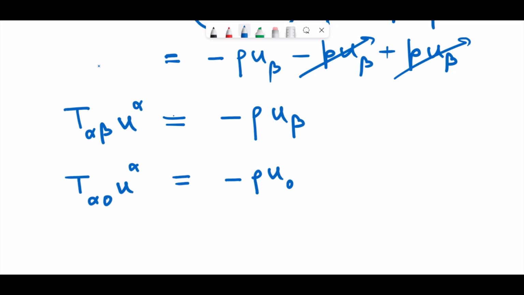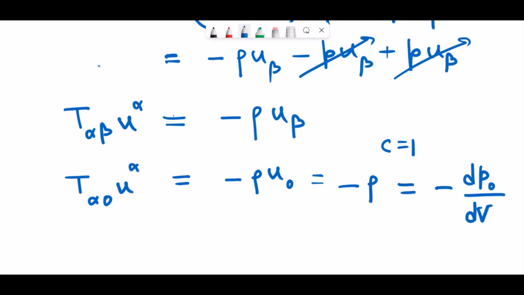And we do know the zeroth component of the full velocity is c, and in our context c is equal to 1, so this is simply negative rho, which is the mass energy density, which can also be written as dp0/dv, which is also the zeroth component of the momentum density.